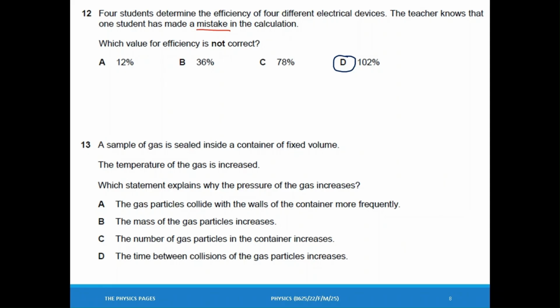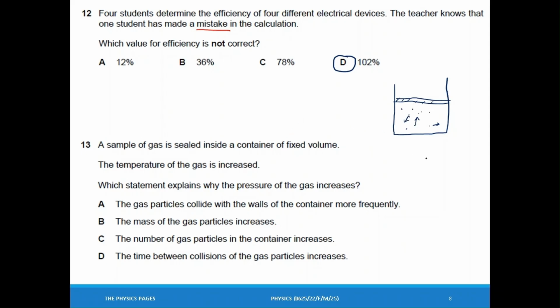A sample of gas is sealed inside a container of fixed volume. Let's say we have this container, and this container has a piston which is fixed, it cannot move, and gas molecules are free to move. They are in random motion, but it is a slow, lazy motion.